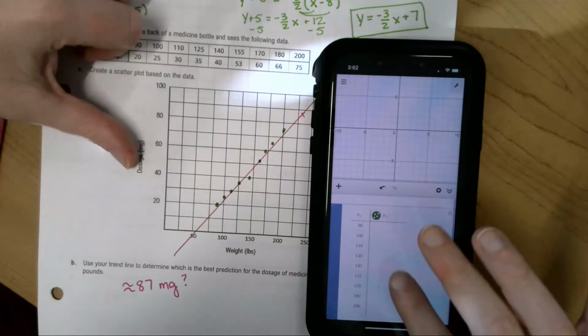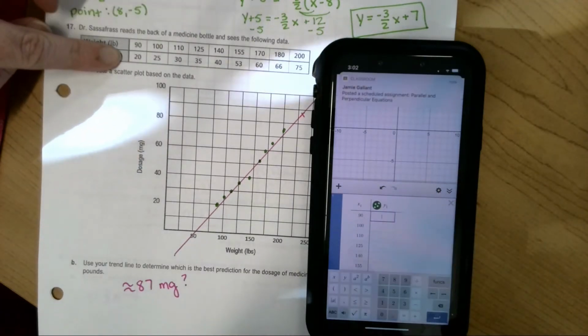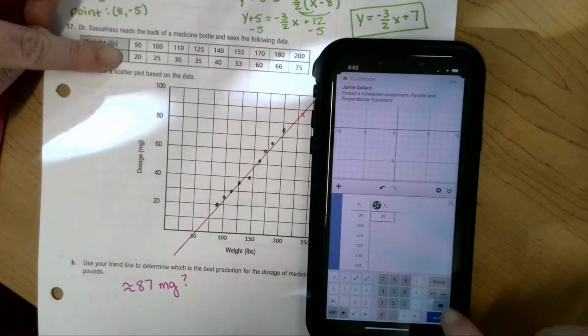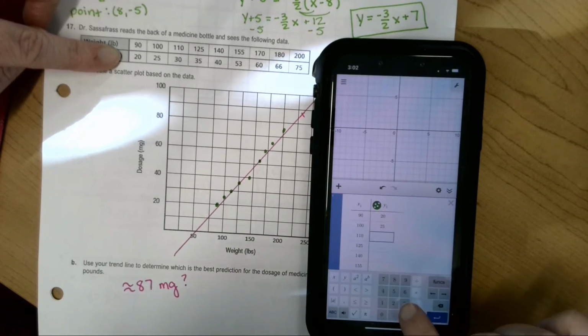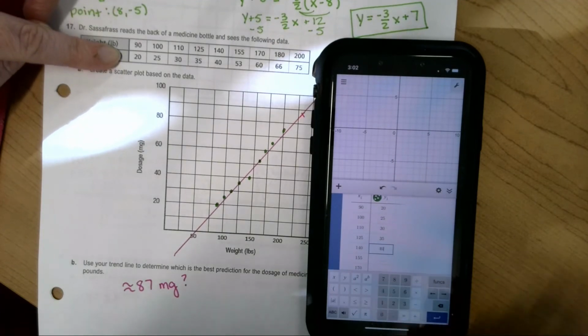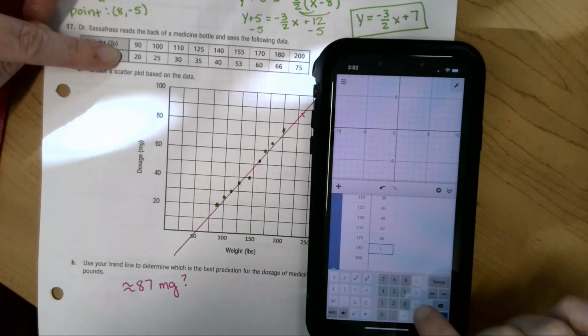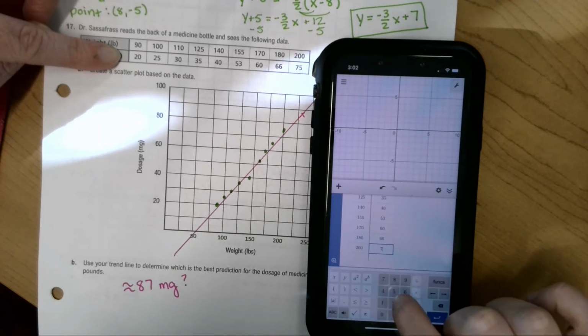Okay, and then I'm going to come back to my Y's and type in the second row. So that's 20, 25, 30, 35, 40, 53, 60, 66, 75.